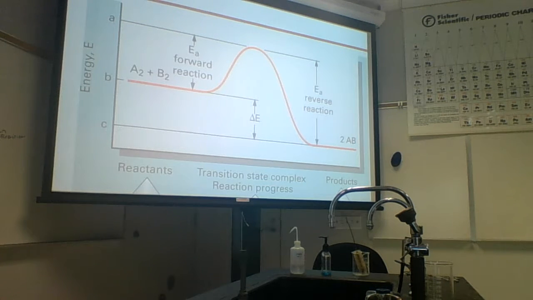The problem is in order to get these to react, there has to be a collision. And so there's going to be a big collision here, or more than one collision. But essentially, there has to be a collision with enough energy to start the bonds breaking and start the bonds forming. And once you completely form the new bonds, then it's going to be overall more stable.